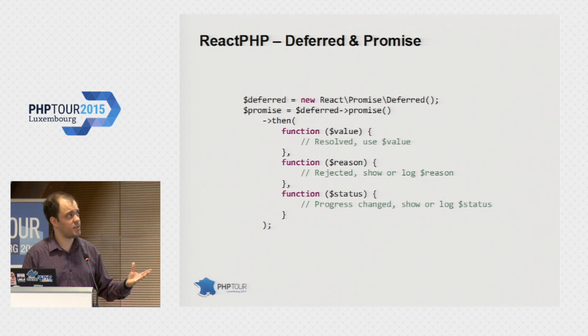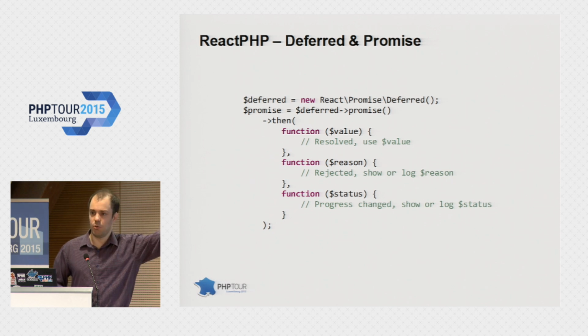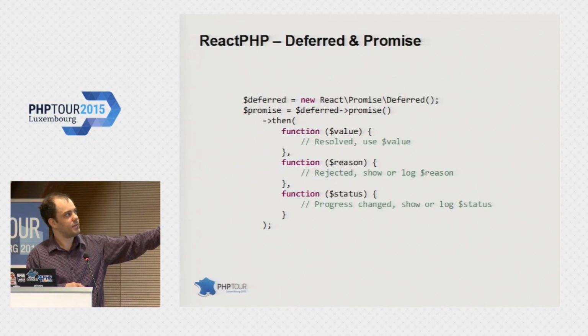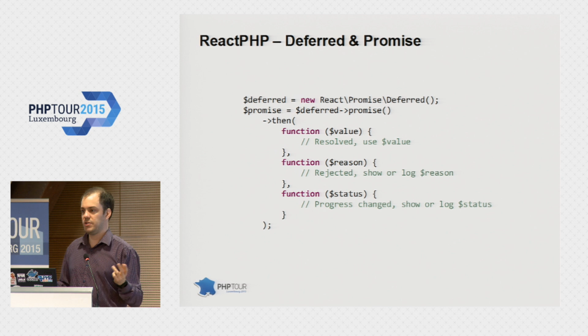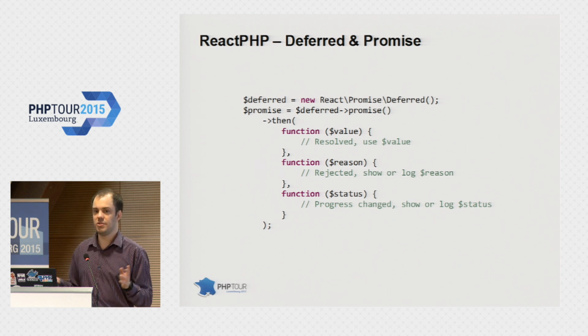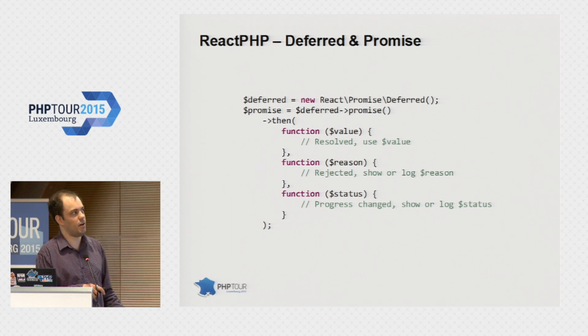And then you say, okay, dear action, I want you to promise me that once you finish running, then you do something. The first parameter here is what needs to be executed when it's resolved, so when whatever action had to be processed was successful. The second part is the failure part. This thing completely failed. Please do something on failure.